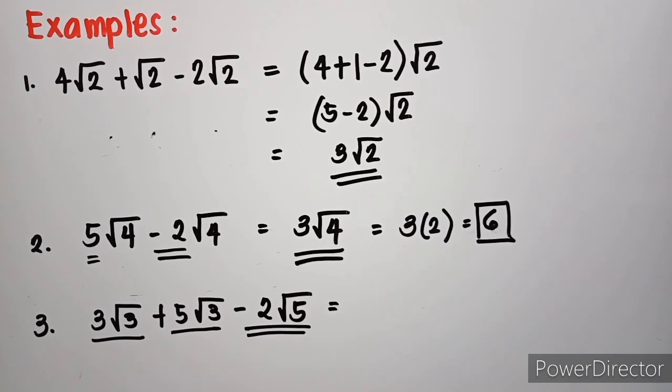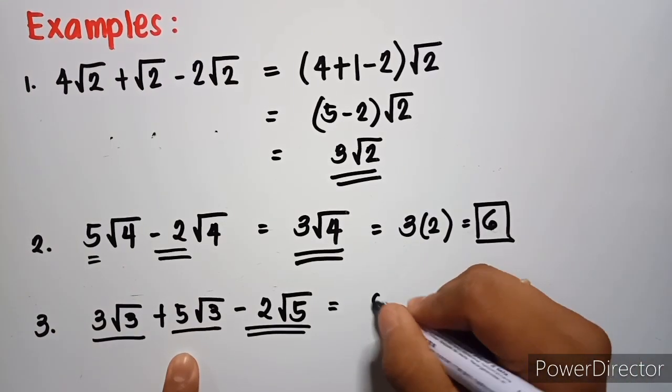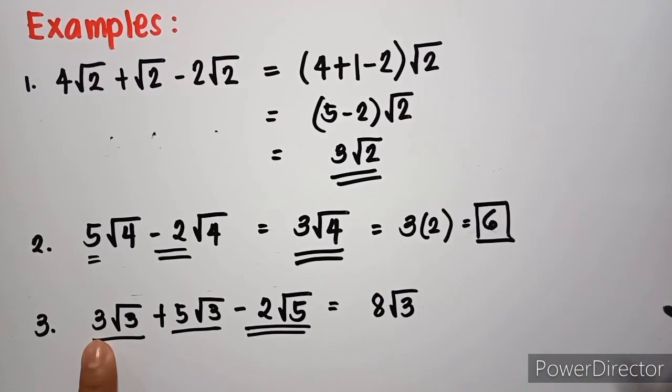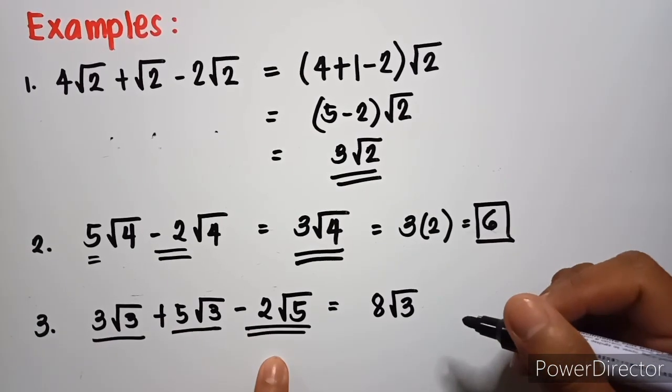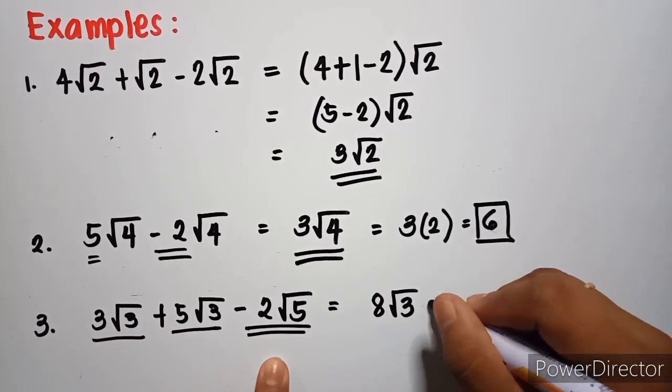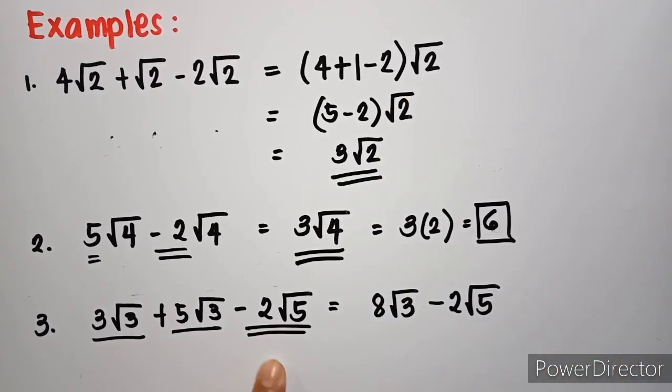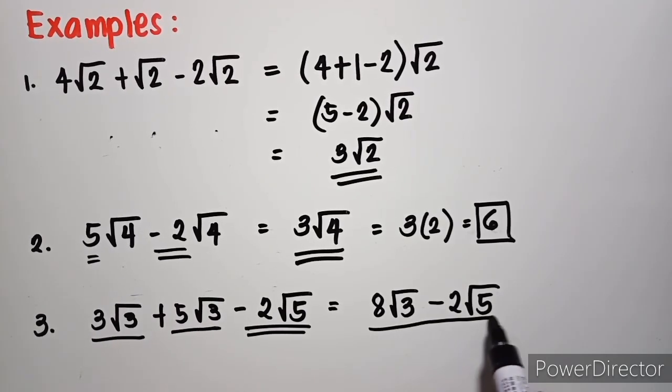So we only combine the first two terms: 3 plus 5 is 8 square root of 3. Then we just copy the dissimilar term, minus 2 square root of 5. Since these two terms are dissimilar, they cannot be combined or subtracted, so this is already your answer.